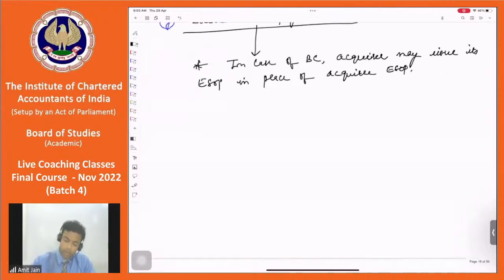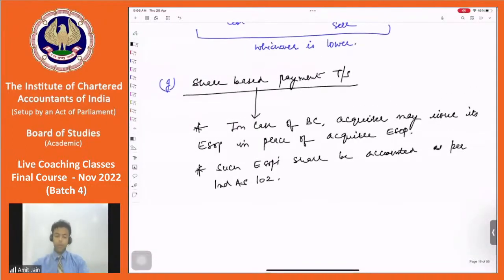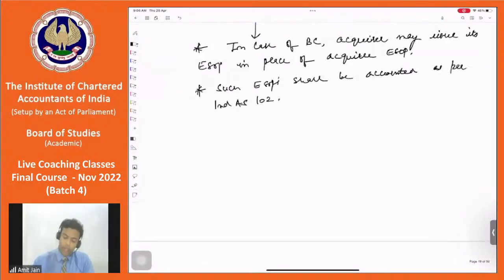Such ESOPs shall be accounted as per Ind AS 102. Correct, guys?